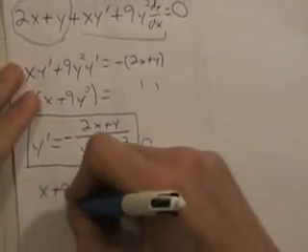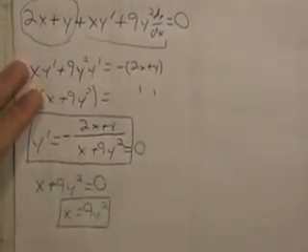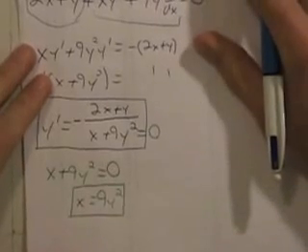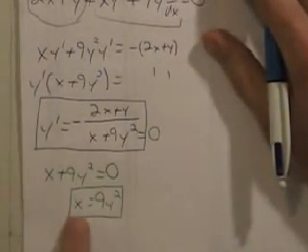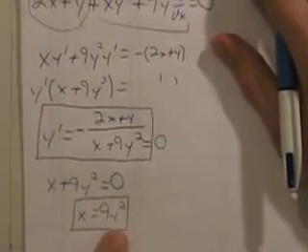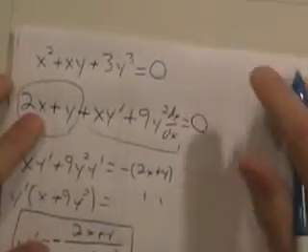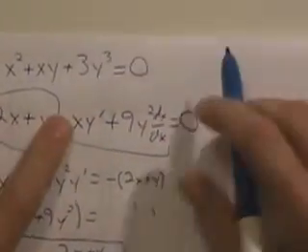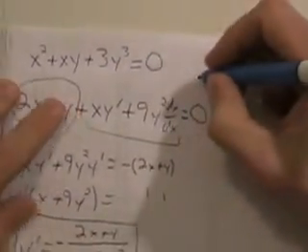This is the version that we're going to plug back into the original and see if it can be satisfied. So we're going to replace each x in the original with minus 9y squared. Let me just rewrite this so you can see it.